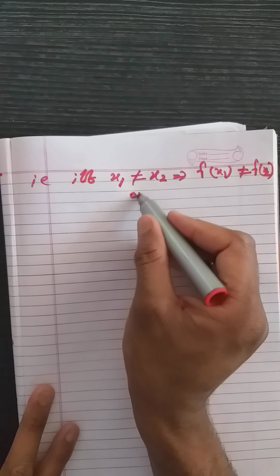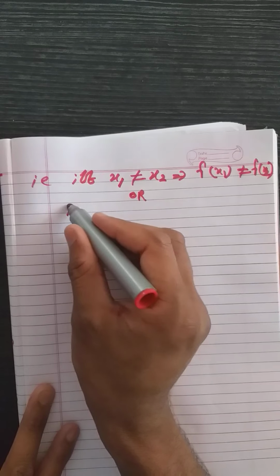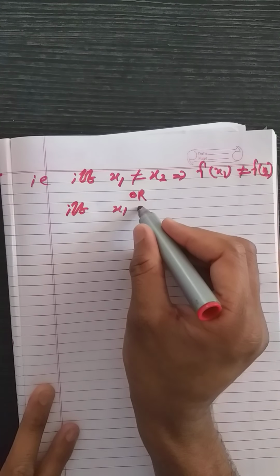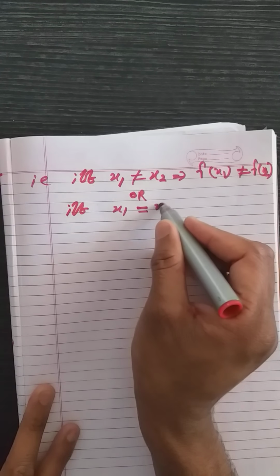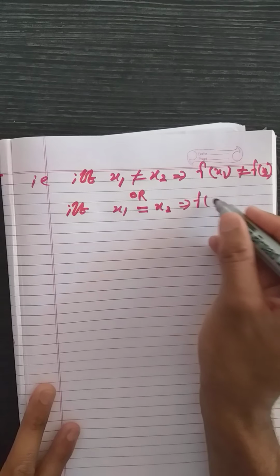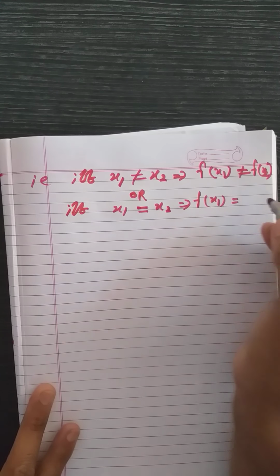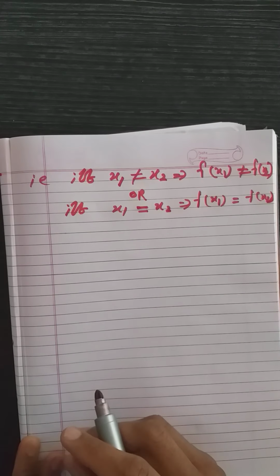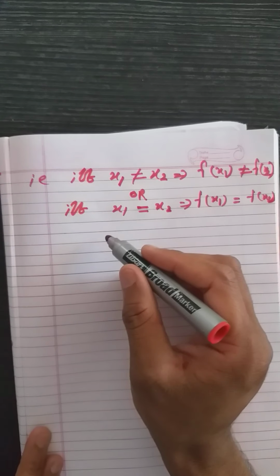Or you can write, if elements in X are the same, implies their corresponding images will also be the same. Let us see with the help of this diagram.